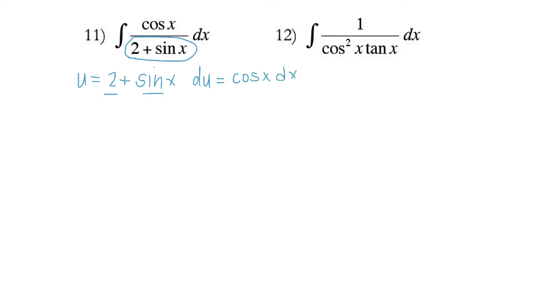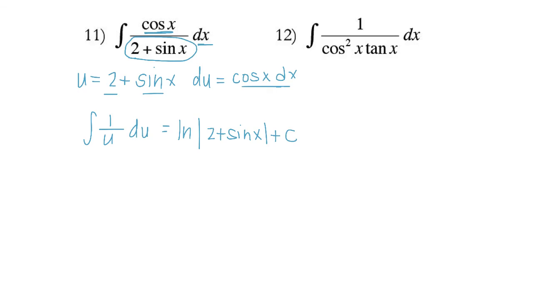So that works out a lot better than what we thought it was going to, because here's my cosine x dx, and that's what we found with our du. So really we have 1 over u du. And again, when we integrate this, we know we're going to get natural log, absolute value, 2 plus sine x, and then plus c. Okay, moving on to our last example.